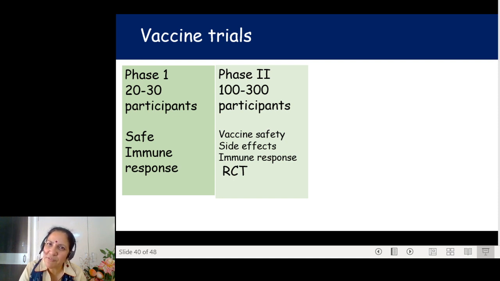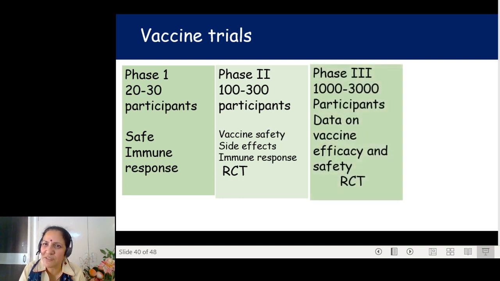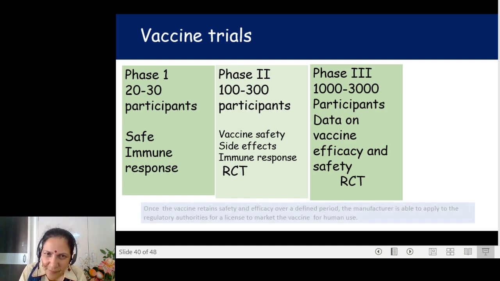The difference between phase 1, phase 2 and the subsequent phase 3 is the numbers. Phase 2 is a randomized controlled trial, and phase 3 also is a randomized controlled trial, with numbers in the thousands, up to 1,000 to 3,000 participants, and data on vaccine efficacy and safety is collected.